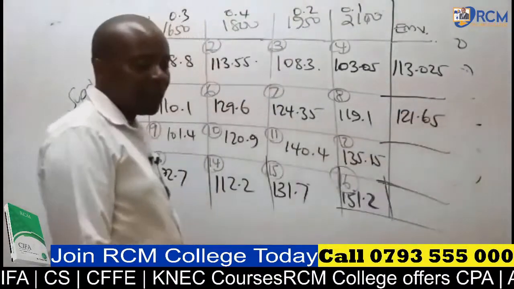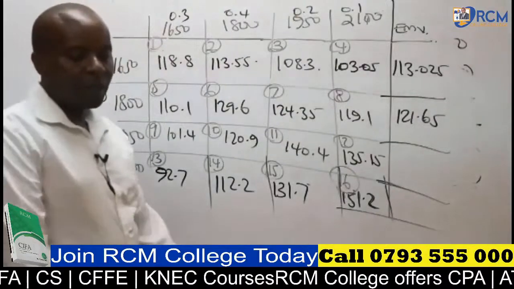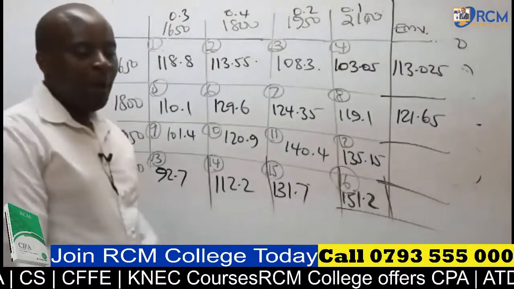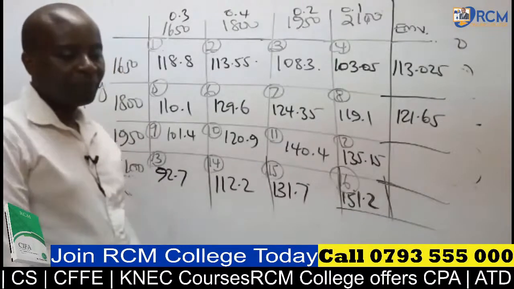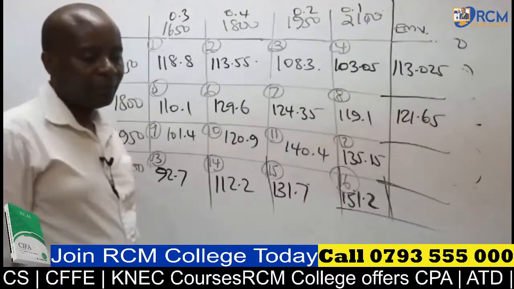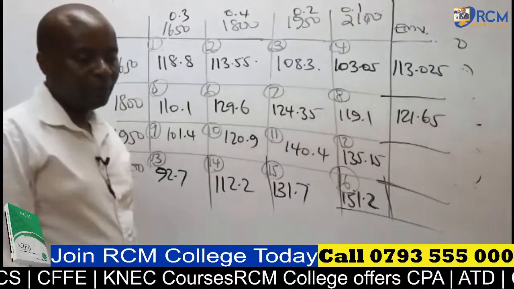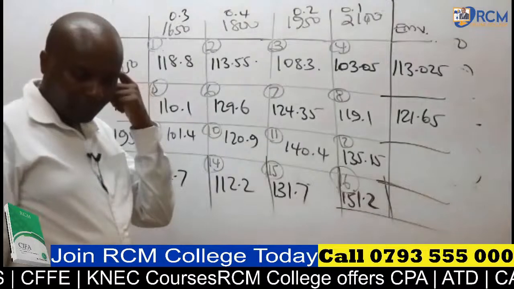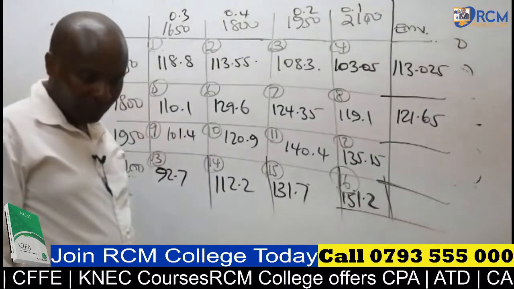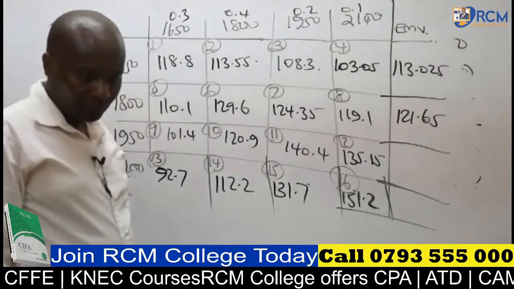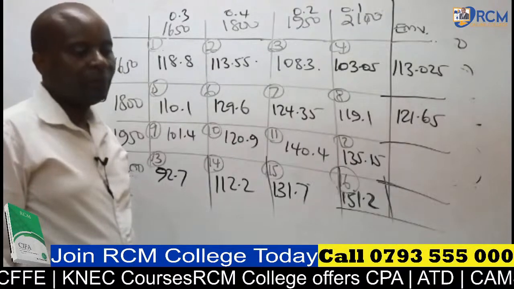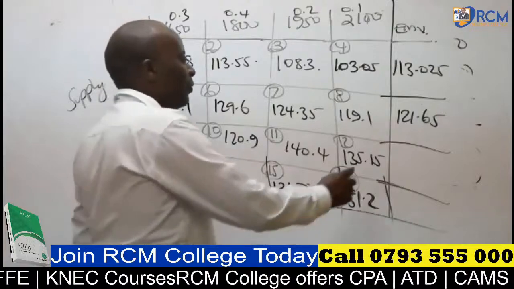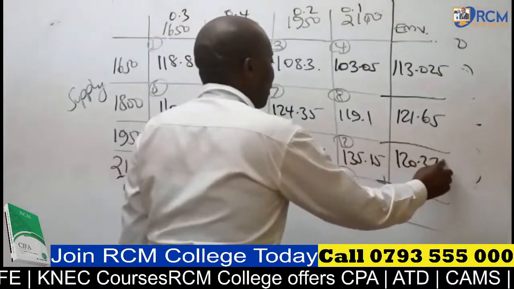From there, we have the third one, 120.375. How did they get this 120.375?